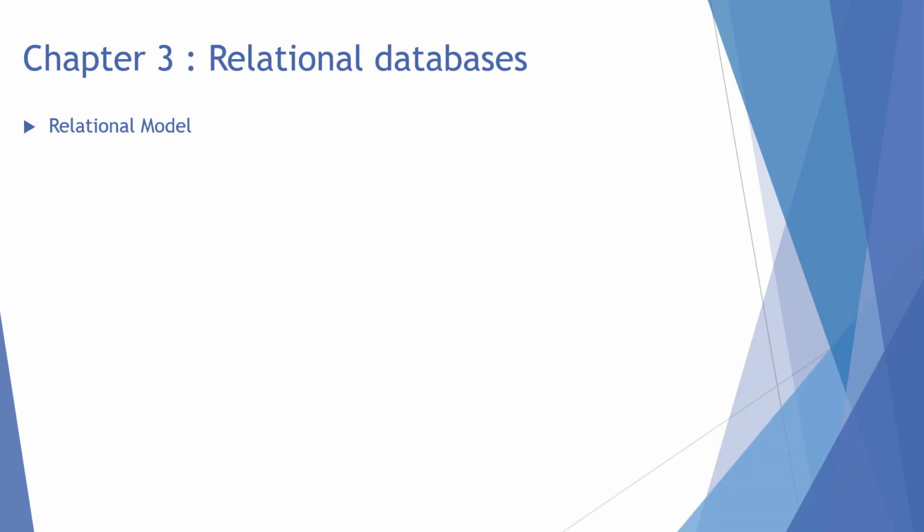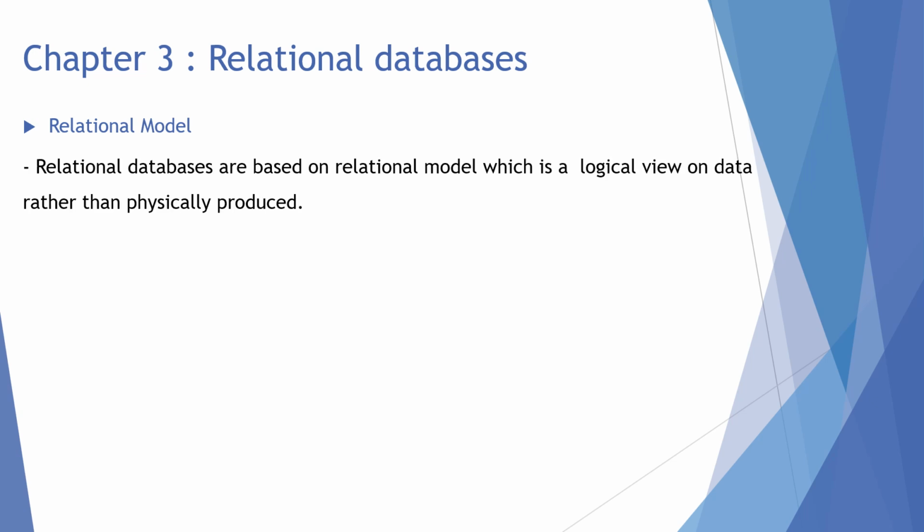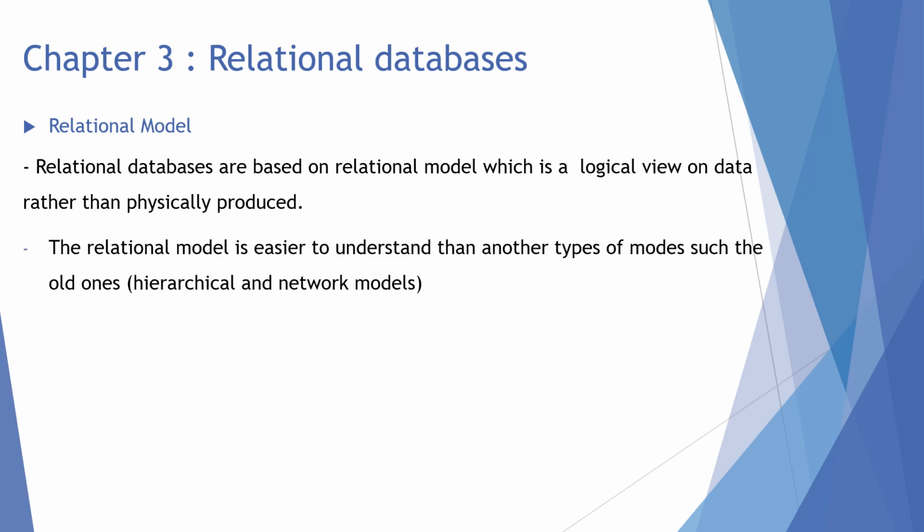We move now to chapter 3, entitled Relational Databases. In this chapter, we are going to focus on the relational model. In fact, relational databases are based on the relational model, which is a logical view on data rather than physically produced.